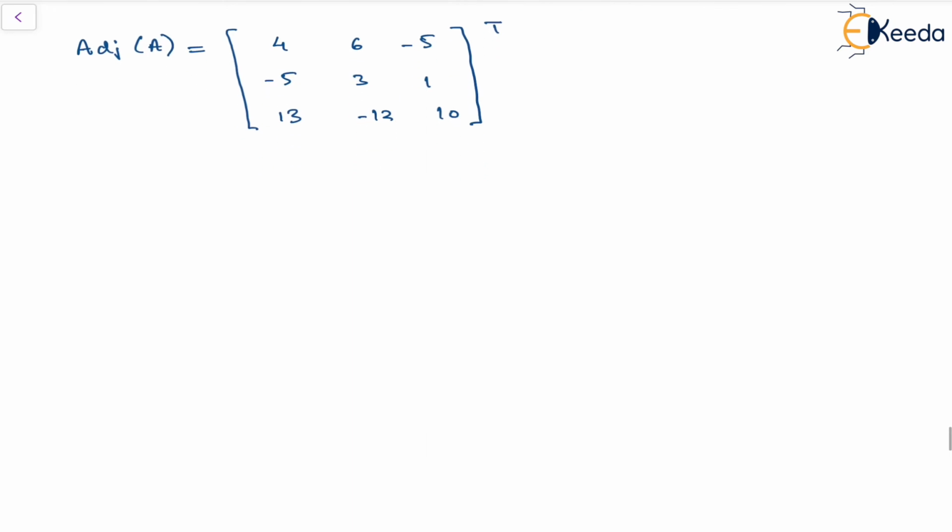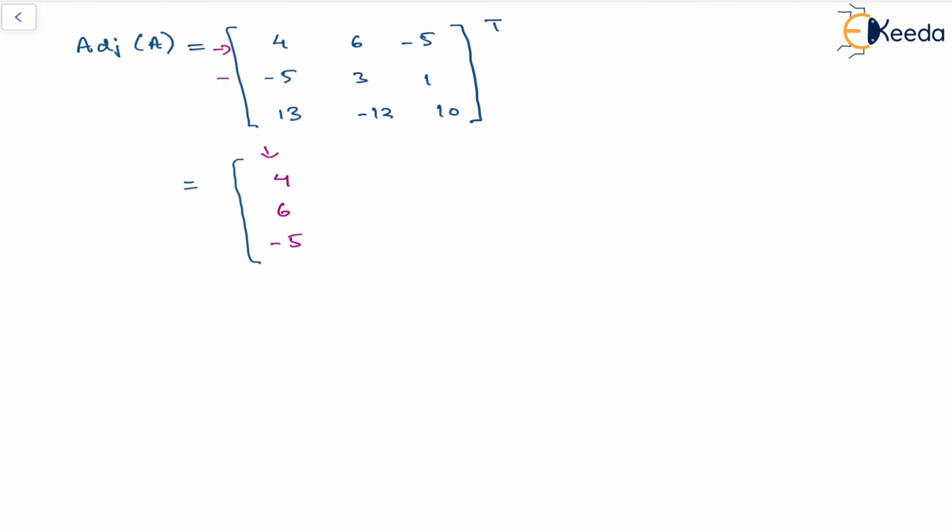So the transpose, which is obtained by interchanging the rows and columns, taking row 1 as column 1 here, we will have 4, 6, minus 5.